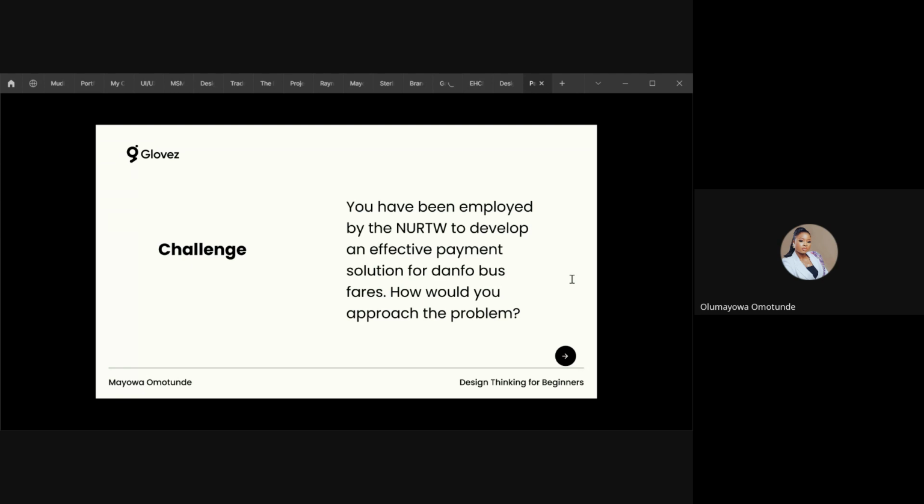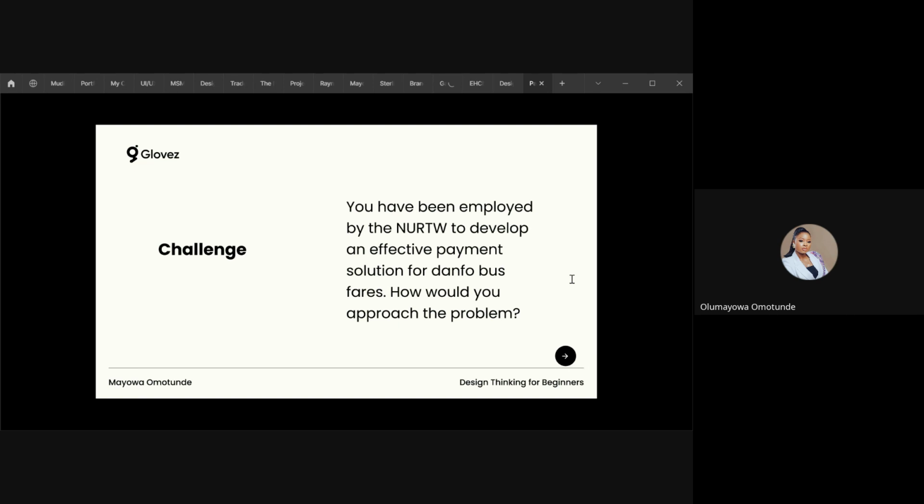When you are designing solutions, you're not just empathizing with passengers alone, because it's very important to talk to every stakeholder. If you are designing to make the system better for passengers alone, the solution you come up with might not be good for the drivers or for conductors. Or in Nigeria, you find out that sometimes the system enables bad behavior.